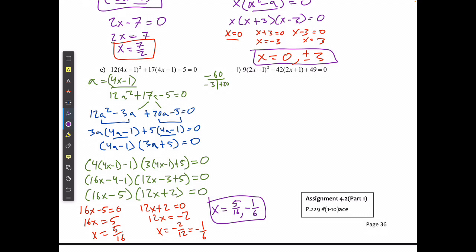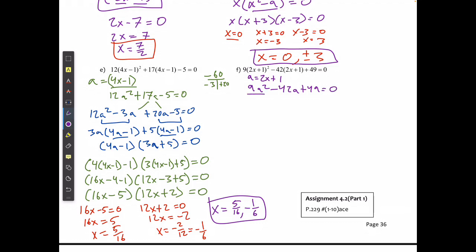In the last example, example F, I'm going to say that a is going to equal 2x plus 1. And I'm going to do the same process that I did in the last case. I'm going to say that 9a squared minus 42a plus 49 is equal to 0.